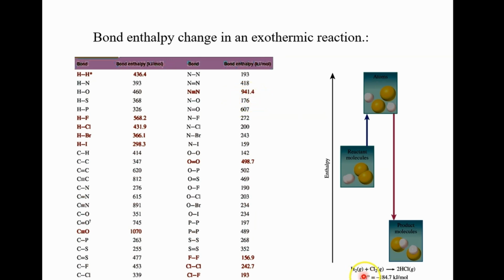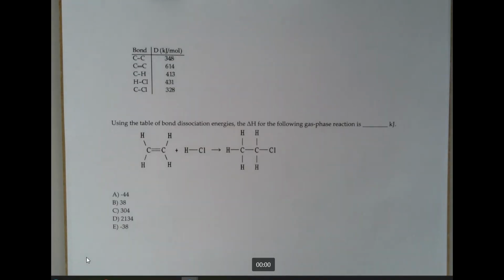And here's a reaction and the heat calculated using these bond energies. Here we see a typical problem using bond dissociation enthalpies. Using the table of bond dissociation energies, we're going to calculate the change in enthalpy for the following gas phase reaction.